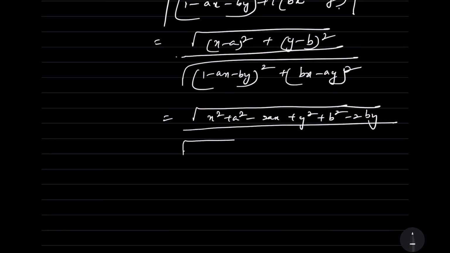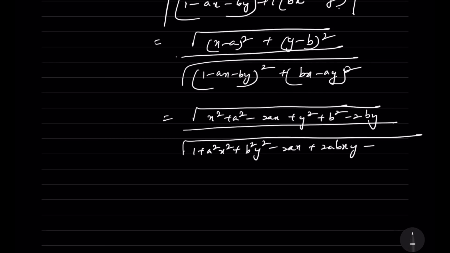root of 1 plus a square x square plus b square y square minus 2ax plus 2ab xy minus 2by plus b square x square plus a square y square minus 2abxy.